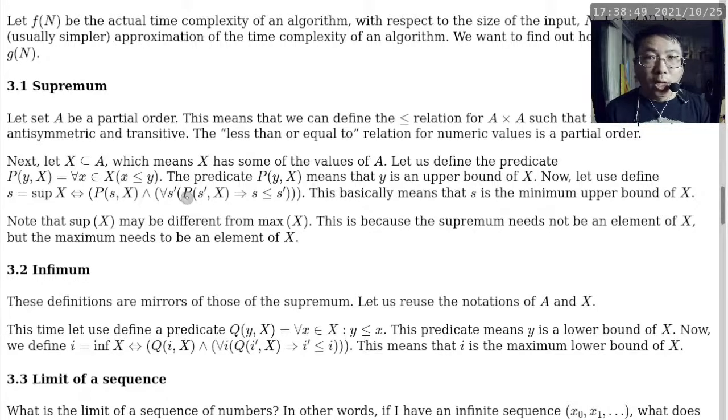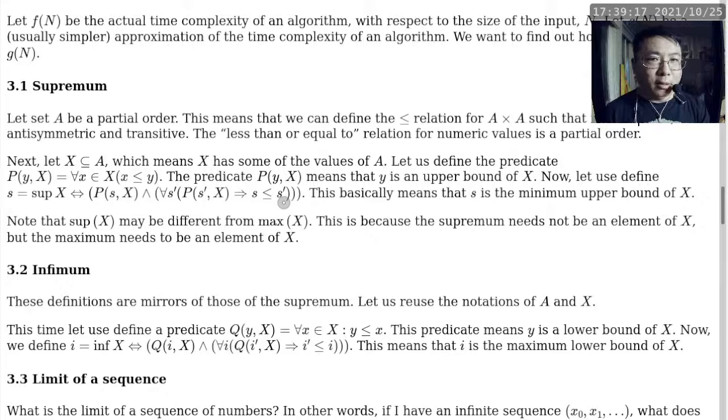So assuming that we add that statement here, that s prime has to come from A, we can at least define less than or equal to. Can anyone tell me what this means here? For every s prime coming from A, if s prime is an upper bound of x, we want s, which is the value that we are trying to qualify here, to be less than or equal to s prime.